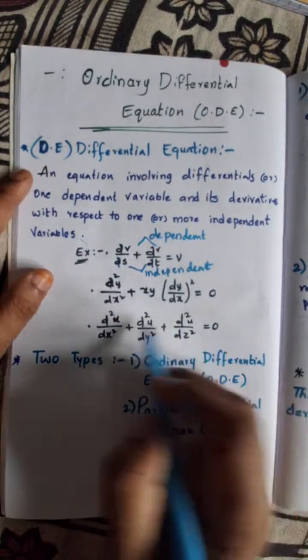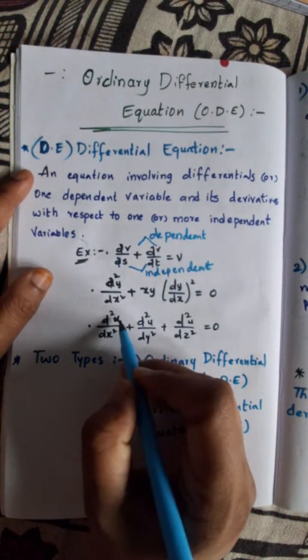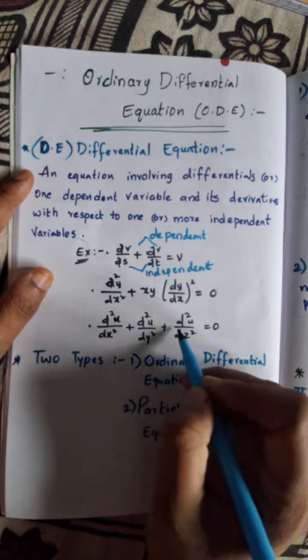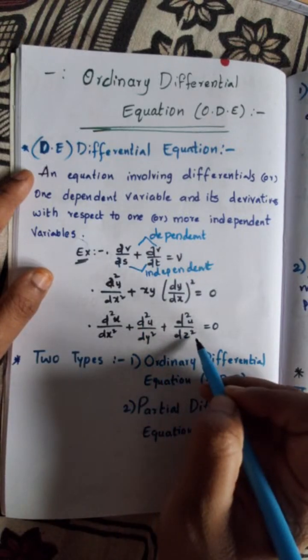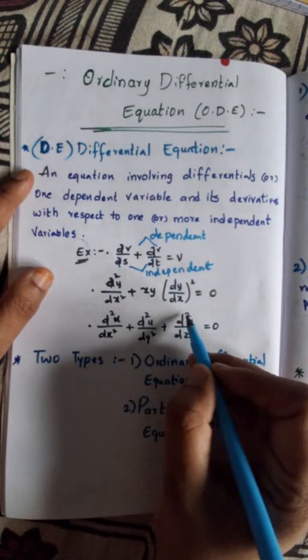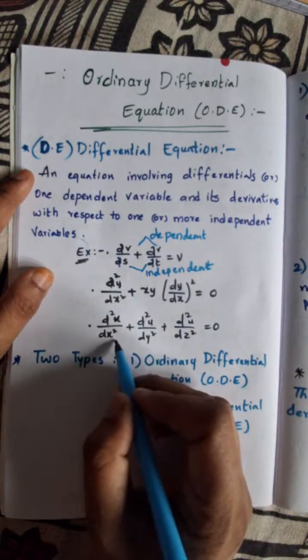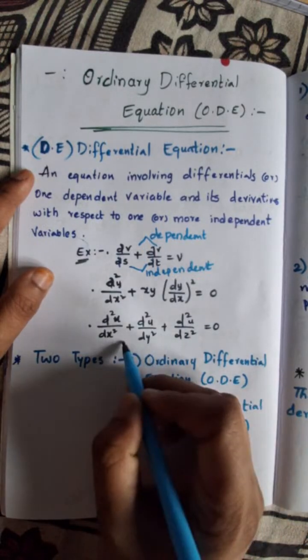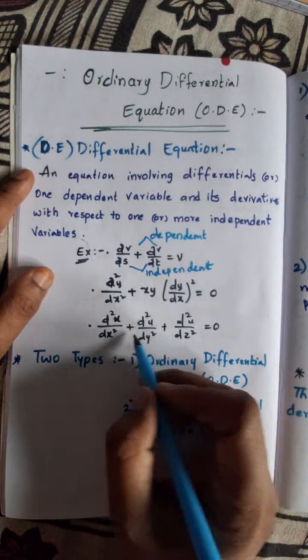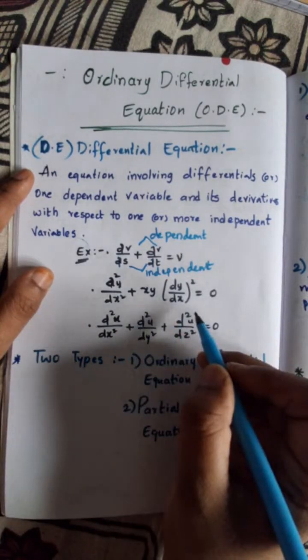We have another example, that is d square u by dx square plus d square u by dy square plus d square u by dz square equal to 0. In this equation u is the only dependent variable and there are three independent variables. So this equation is in differential equation form.